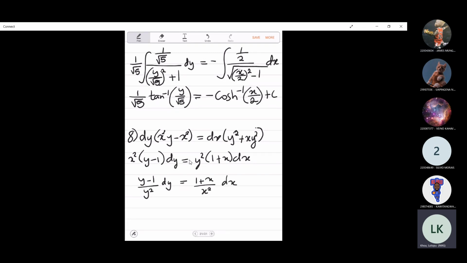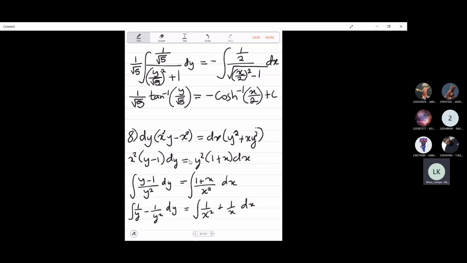Okay, and then we can integrate. So we integrate both sides. This is the integral of 1 over y minus 1 over y squared dy, and this is equal to 1 over x squared plus 1 over x dx. Okay, so integrating 1 over y, we get ln of y, and then minus 1 over y squared.